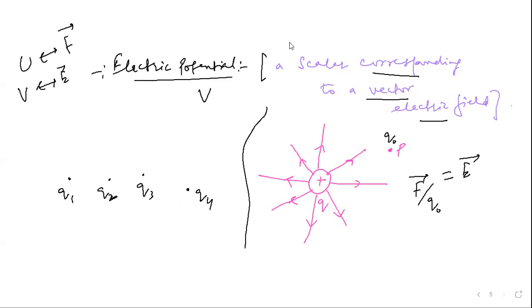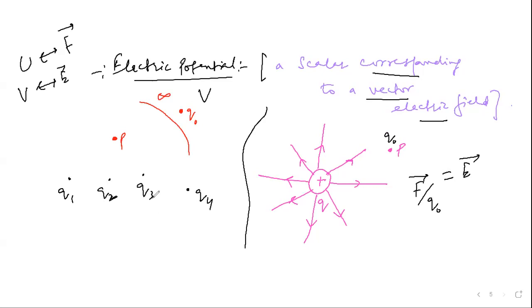Now I select some point P here in the neighborhood. Let this be the boundary, that means here is infinity. So I have a test charge at infinity, right? Now this system of charges will have some potential energy, right?